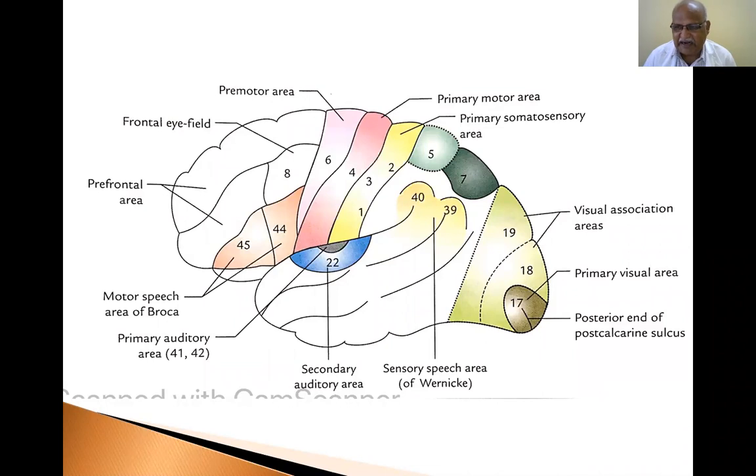A very well advanced pattern of sulci and gyri indicates that you can identify it as a human brain when compared with lower animal brains.